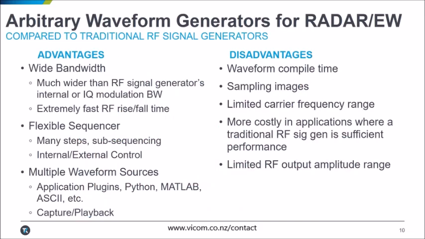With the advance of high-speed digital to analog converters, or DACs, arbitrary waveform generators, or AWGs, have become the preferred method to perform complex radar testing. With an AWG, all the pulse parameters can be changed by just reprogramming the waveform memory.